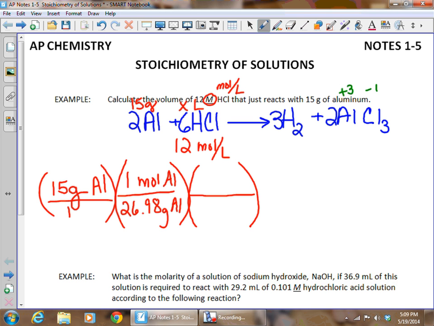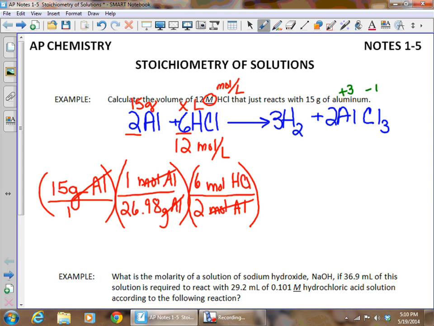And if you look up here, you'll see that for every 2 aluminum moles, there are 6 moles of HCl. So we're going to need the 2 moles of aluminum on the bottom, so it will cancel the aluminum, with 6 moles of HCl on top. That's going to cancel grams of aluminum, cancel moles of aluminum, and we're left with moles of HCl.